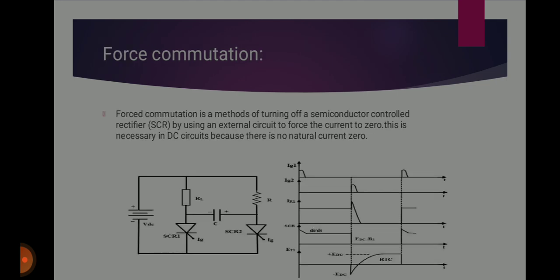Then forced commutation. Forced commutation is a method of turning off a semiconductor controlled rectifier by using an external circuit to force the current to zero.